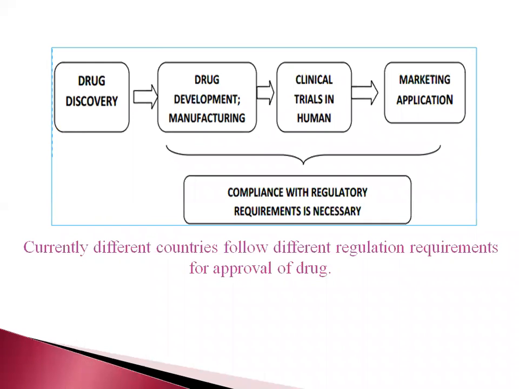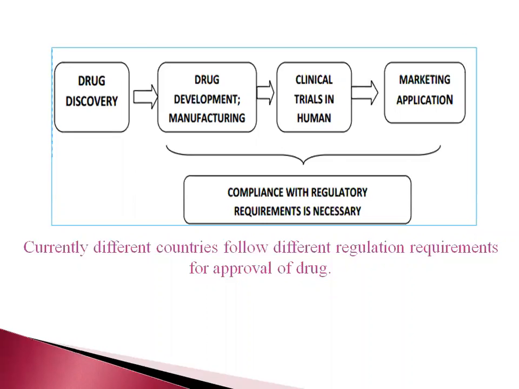That is the general flow chart discussed here. Drug discovery is the first step for any type of drug, then drug development and manufacturing. In that we have some clinical and non-clinical studies. Once it is approved, we can go for clinical trials in humans, then the marketing application.